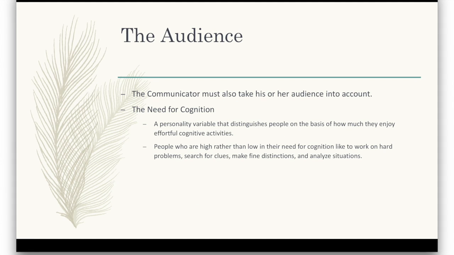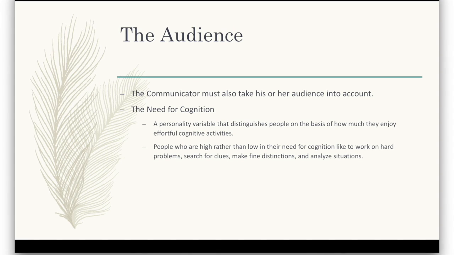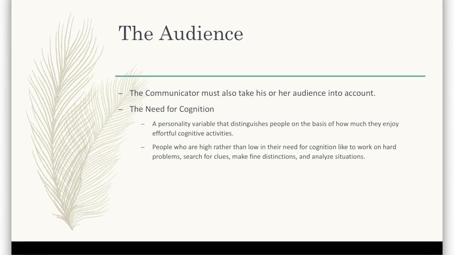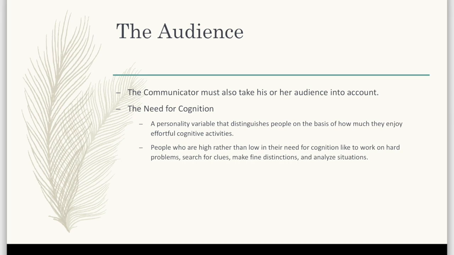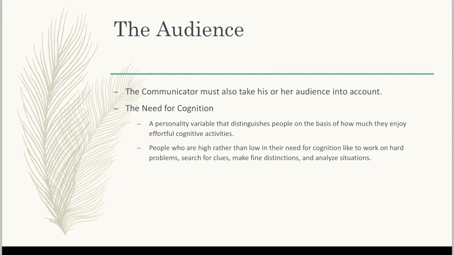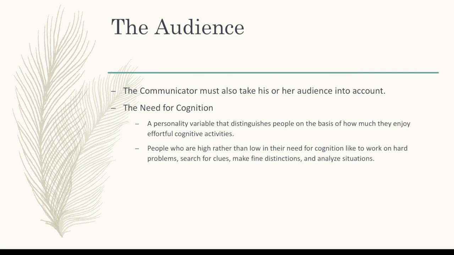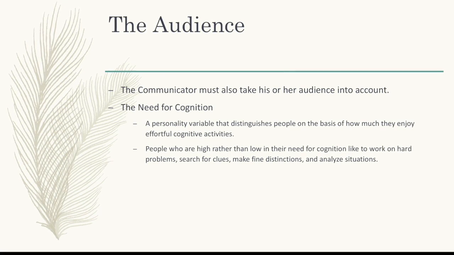Now, before relaying the message out, of course, the communicator has to make sure he or she takes account of who the audience is and how to get the audience. So, for example, first thing we're going to talk about is the need for cognition, which is a personality variable that distinguishes people on the basis of how much they enjoy effortful cognitive activity.